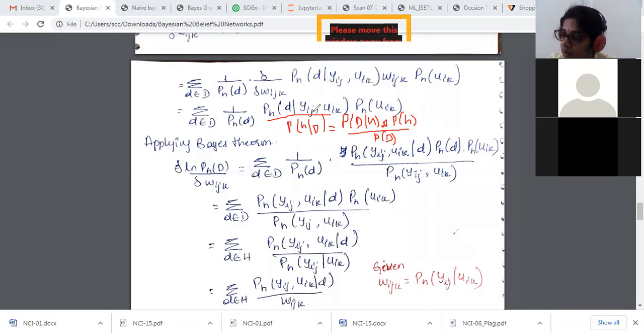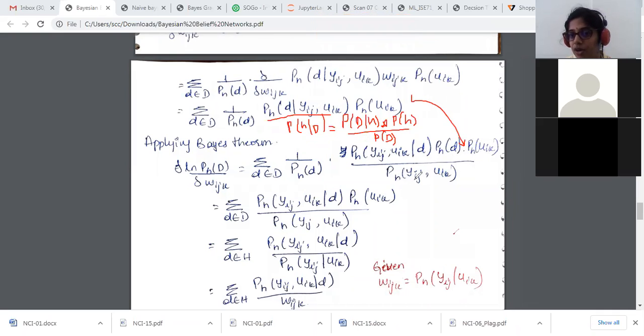So when I apply the Bayes theorem, I'll be writing the same. This term becomes the first term, P of D given h, into this term which remains the same. So I have the same term coming over here, P of h, into Uij into Uik.